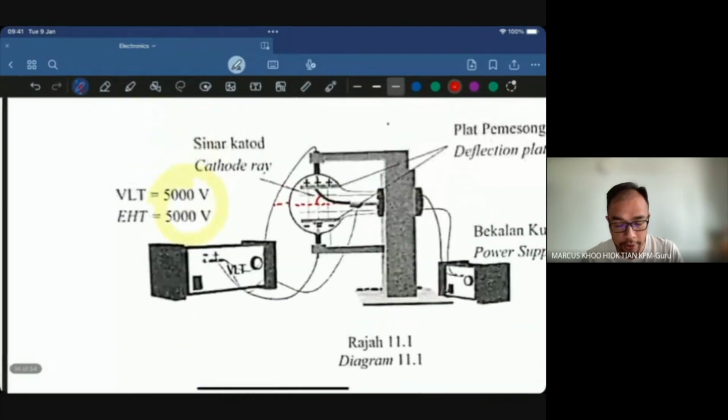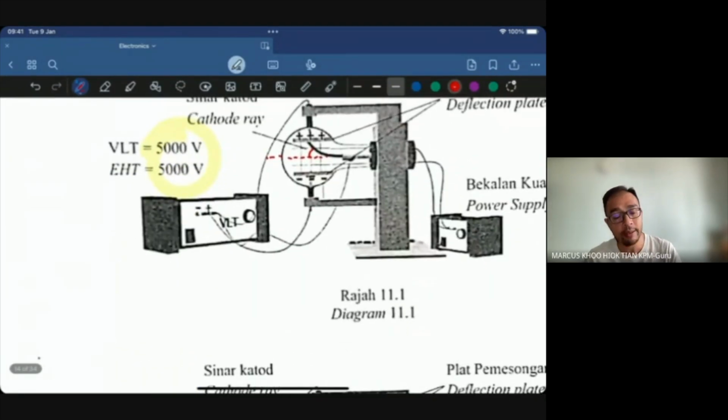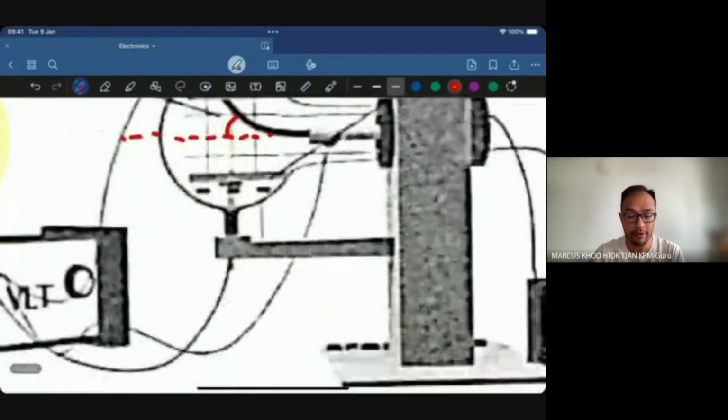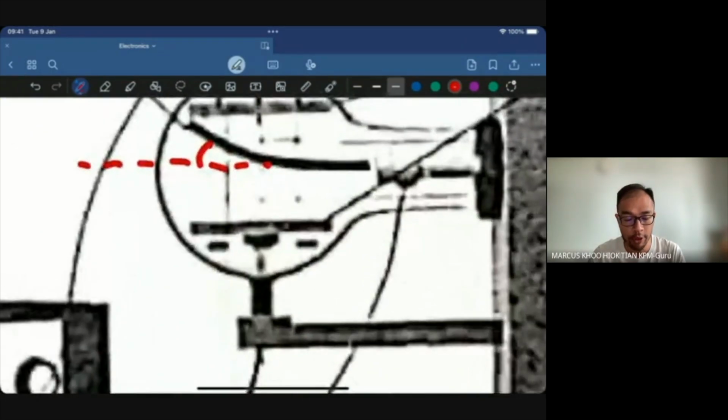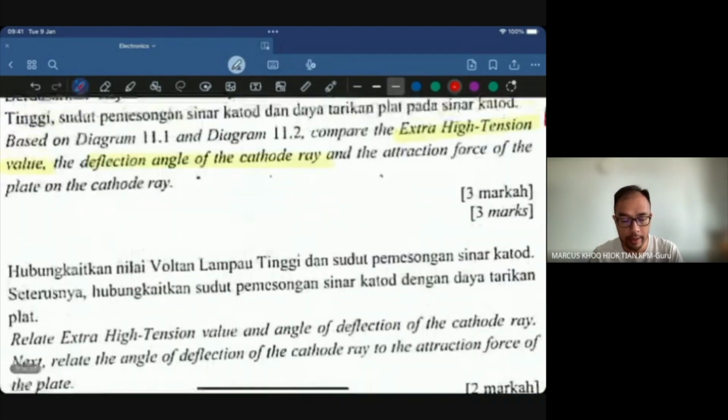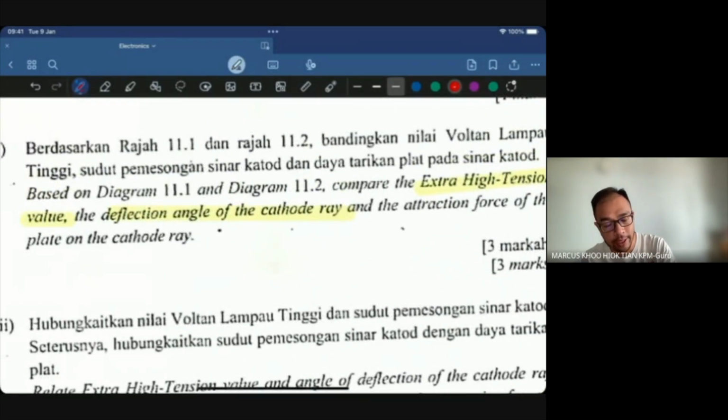If you take a look at both angles, you notice that 11.1 is also bigger than 11.2. I know it's a curve, but just estimate the angle. The angle is much bigger in 11.1 compared to 11.2. So the deflection angle of the cathode ray in 11.1 is bigger than 11.2.